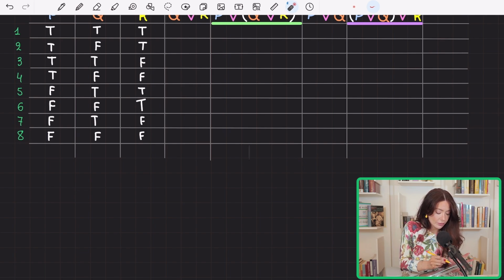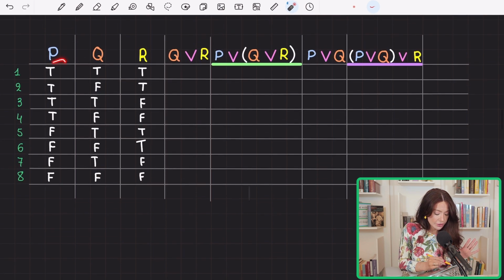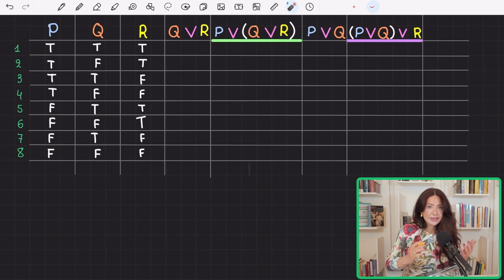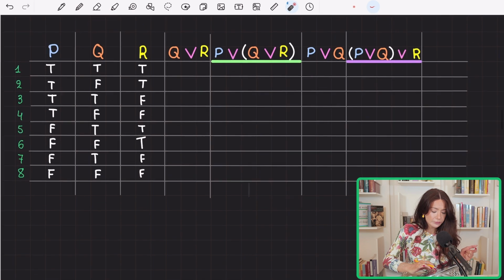These are unique, trust me, because when all 3 are true, that's this row. When all 3 are false, that's this row. And you will not find a repeat because you have 3 propositions and 2 choices, true or false, right? So you have 2 raised to the power 3, 2 cubed. That's why you have 8 rows.